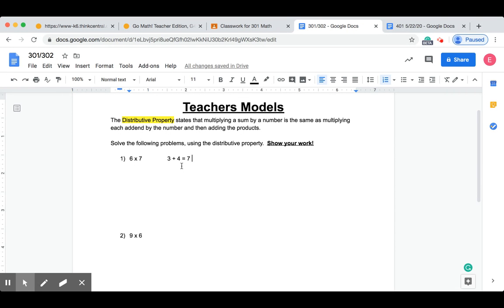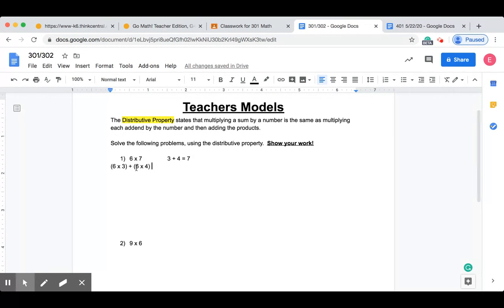So I may know 6 times 3 and 6 times 4. So what I could do instead is I could do 6 times 3 plus 6 times 4. Now, instead of doing 6 times 7, because I didn't know that right away, I broke 7 into 3 and 4, because 3 plus 4 equals 7.